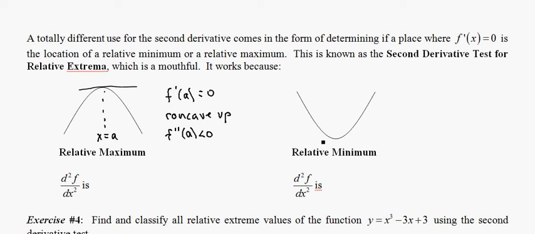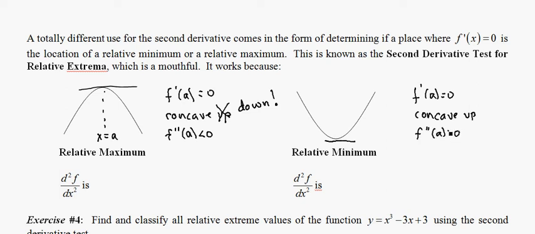We can do the same sort of thing for a relative minimum. So we can say the first derivative would have to be equal to 0. And since it's concave, oh jeez, concave up, that's concave down. Sorry about that. Here, since it's concave up, we know that the second derivative must be greater than 0.